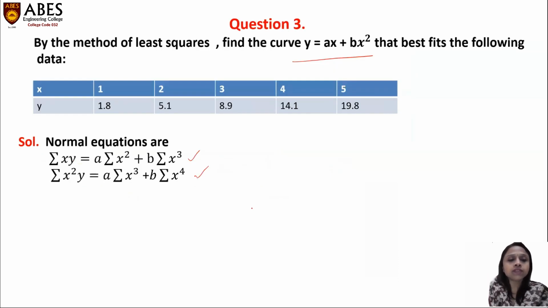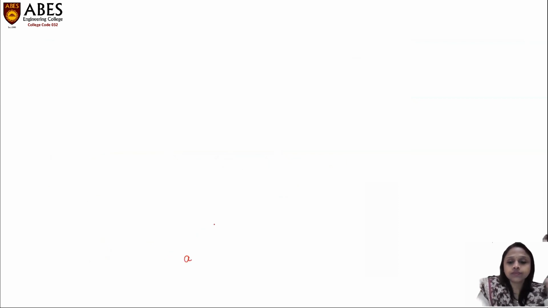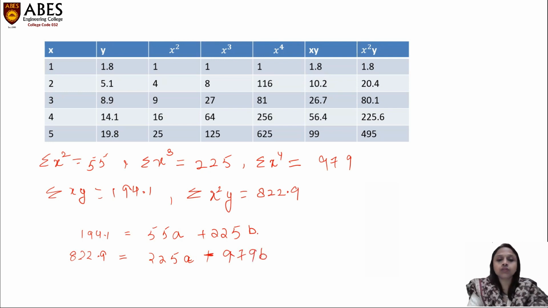Then next we have summation x square y, which is 822.9, equal to a summation x cube, that is 225a, and b summation x to the power 4, that is 979b.